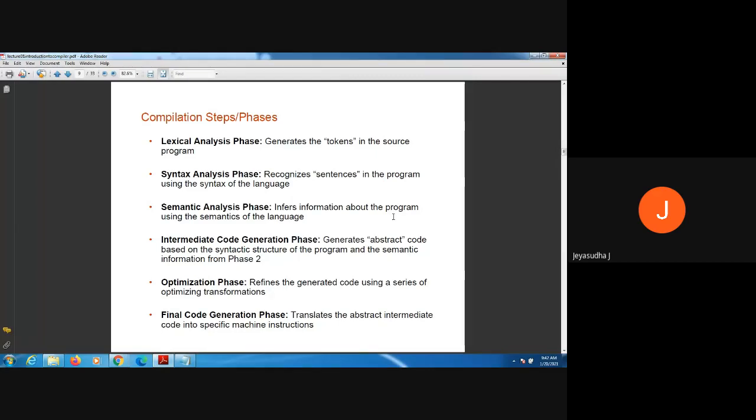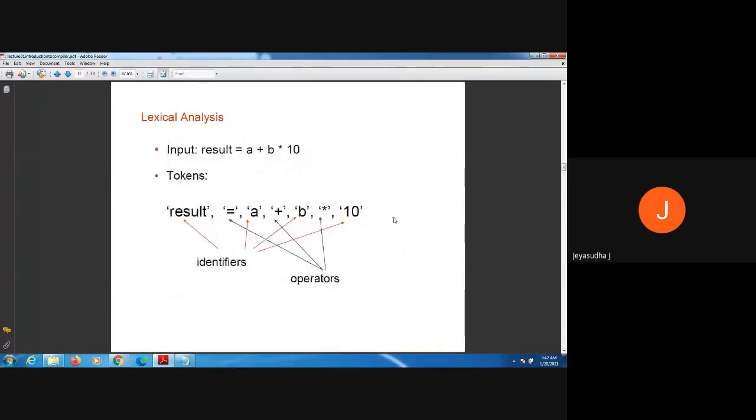So what do you do in lexical analysis? Let me show you. In lexical analysis, the input is the source language, which can be C, C++ or Java, anything. Here I have taken only a specific line, a plus b star 10, as input, but you would take a whole program.